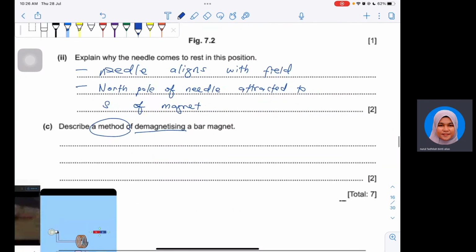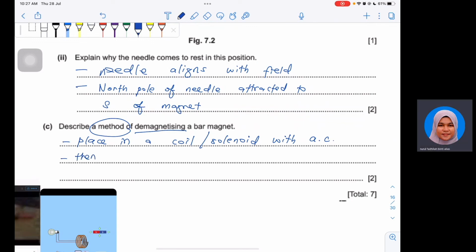Okay. How to demagnetize a bar magnet? Place in a pot ataupun solenoid. Tapi tak boleh letak je lah. Dalam tu mesti ada alternating current. Then withdraw.